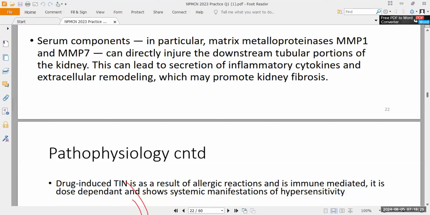Serum components can lead to injury down the tubular portions of the kidney, and this can lead to secretion of inflammatory cytokines and extracellular remodeling, which may promote kidney fibrosis.